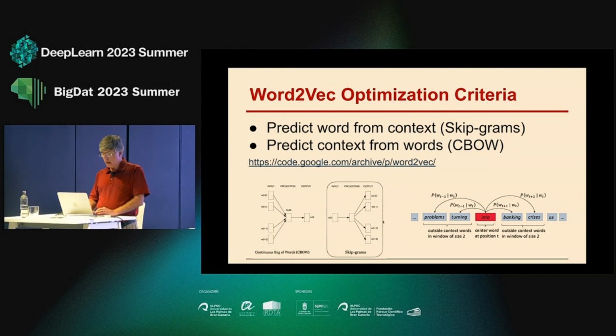This would seem like a much harder problem. I think that's called, if I've got this right, skipgram. The other one is called CBOW, or continuous bag of words.